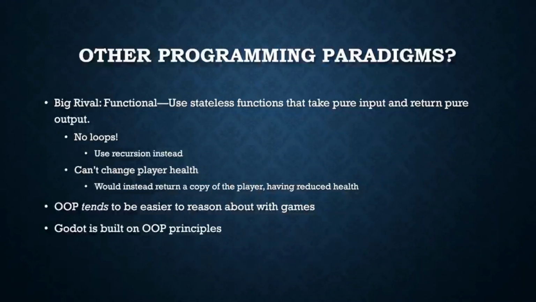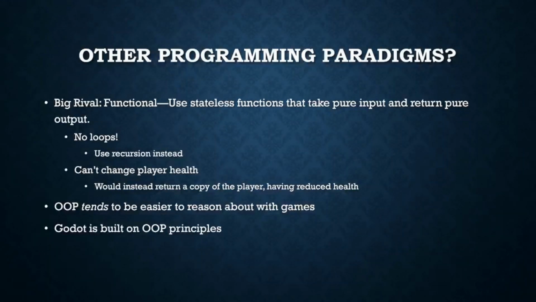And so if we had a character that has a health value, we wouldn't change the player's health. We would instead return a copy of the player having reduced health. So this can lead to lots and lots of data copying because of all the using functions instead of modifying state values.